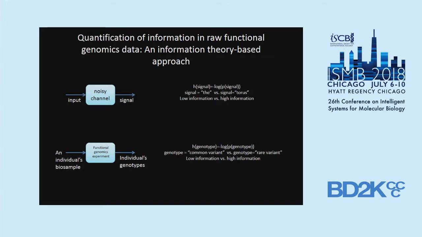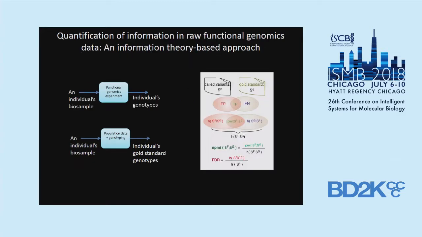So rather than looking at the number of variants they leak, we look at the information content of those variants. And then what we can do is find a gold standard set, which is the whole variant set of an individual, which is available through 1,000 Genomes, for example, for 2,500 individuals.